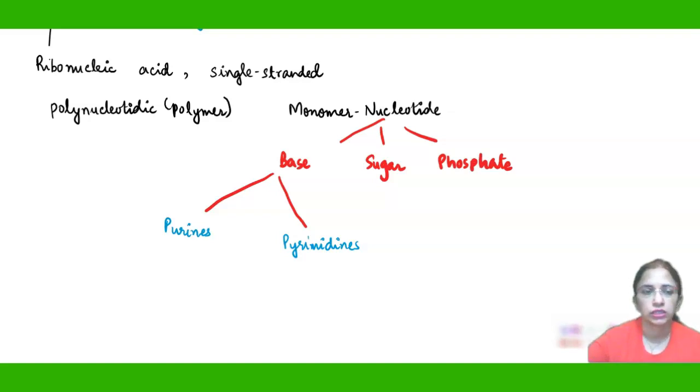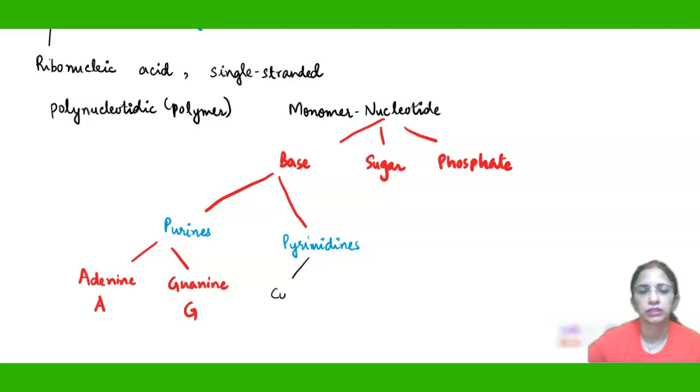Purines include adenine and guanine. Adenine is abbreviated as A, guanine is abbreviated as G. When it comes to pyrimidines, RNA has cytosine, abbreviated as C, and uracil, abbreviated as U.